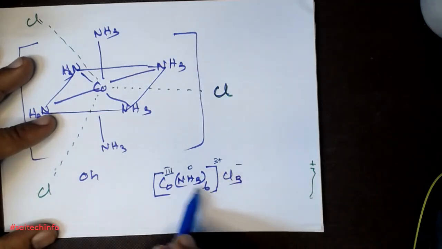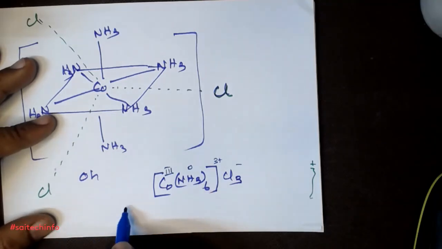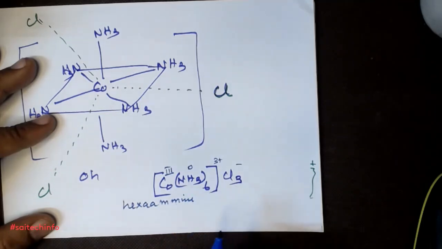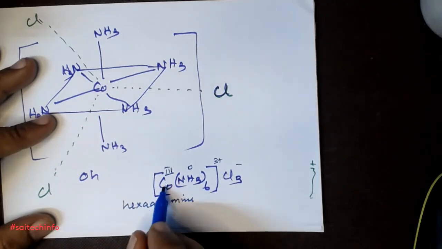So how many ligands are there? 6 ligands. So 6 means hexa, and for ammonia as a ligand it should be called ammine, double M-I-N-E. So hexaammine, take it down, hexaammine. And what about this cobalt?